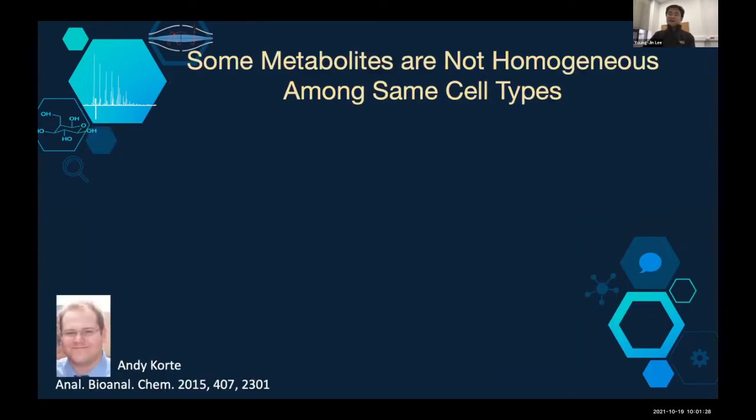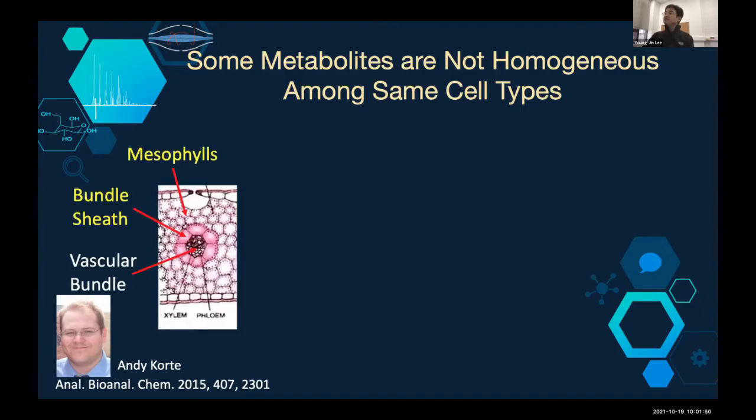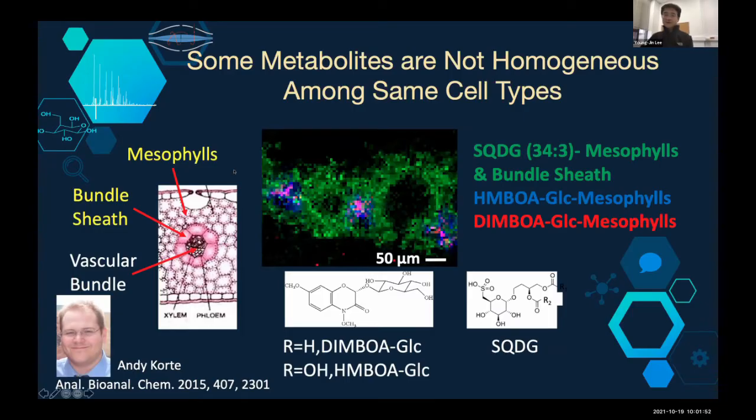Before I talk about mass spec imaging of our plant data set, I would like to emphasize that some metabolites are not homogeneous even among the same cell types. If you are doing cell culture work, that's not the information you can get. Here is an example with maize leaf cross sections.